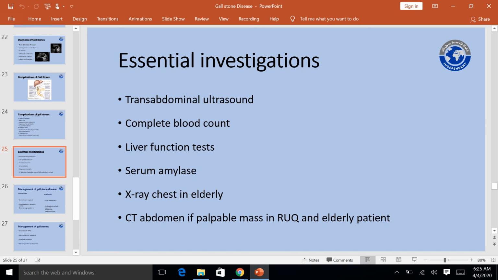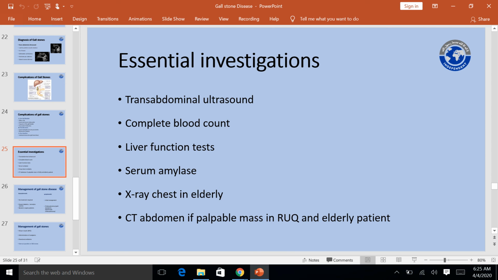As mentioned briefly previously, the gold standard investigation is transabdominal ultrasound. Complete blood count is essential to see any raised white cell count, and we have to check liver function tests to see any evidence of obstruction or slippage of stone into the bile duct. Serum amylase will diagnose pancreatitis if it is present.